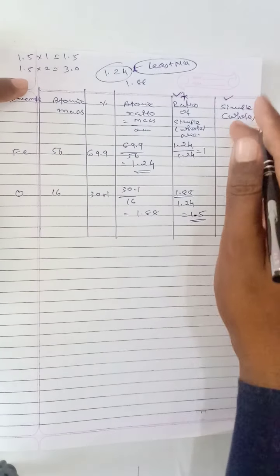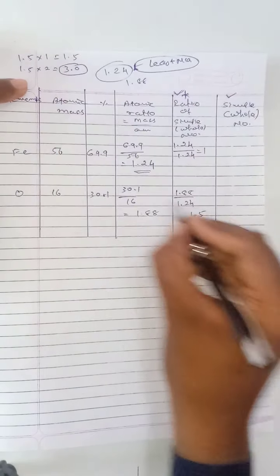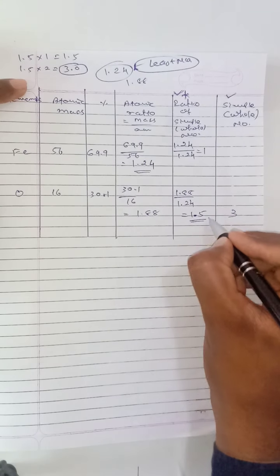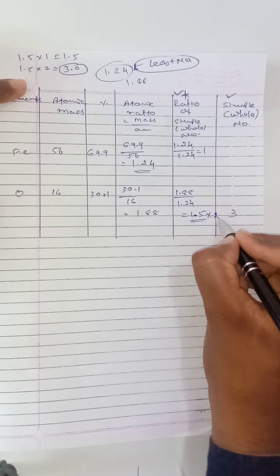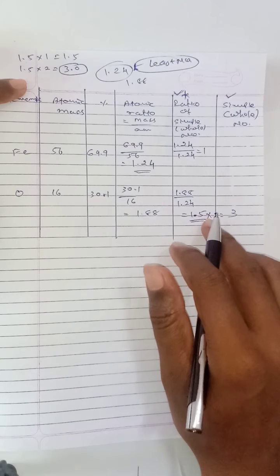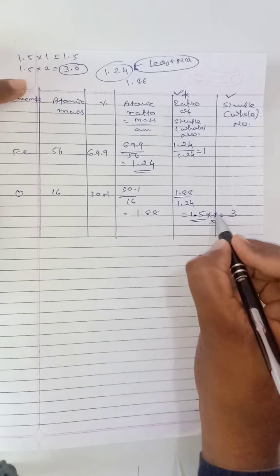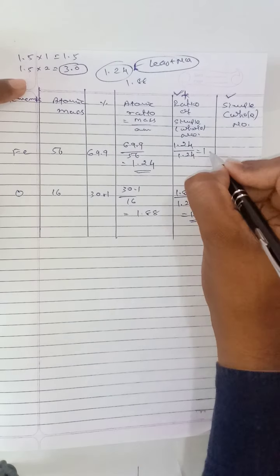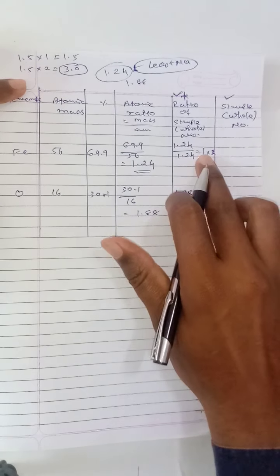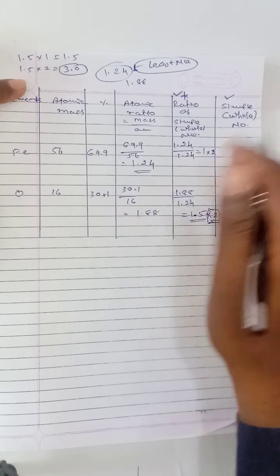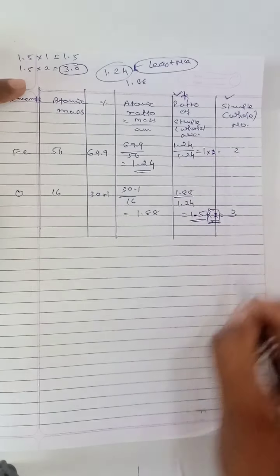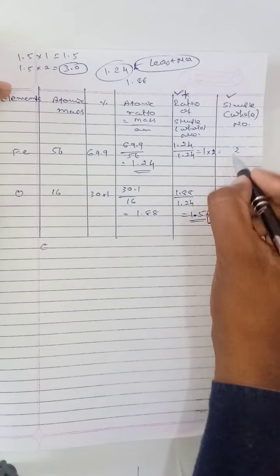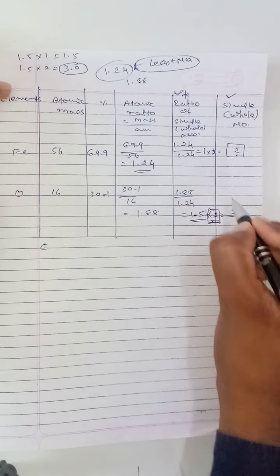This is our simple number. So it is multiplied by 2. Because of this multiple, we multiply 1 by 2, this will be 2. Now this is the simple number.